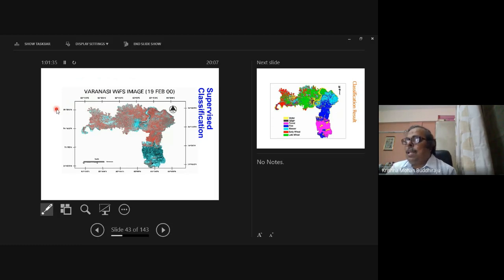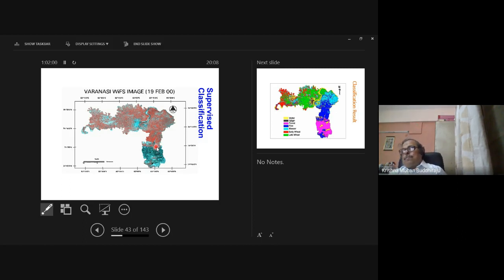This is an example. The city of Varanasi is here, and different kinds of wheat and rice crops. This is actually a forest, but this is a winter image just after peak winter, so it is a deciduous forest and all the leaves have fallen off.